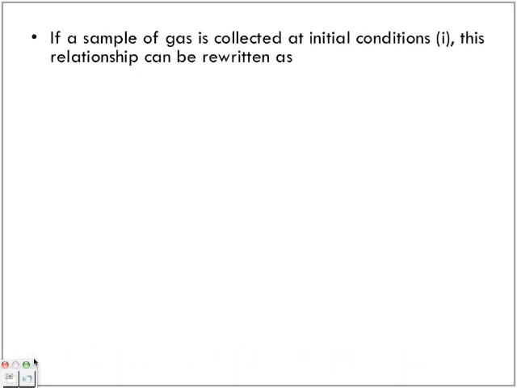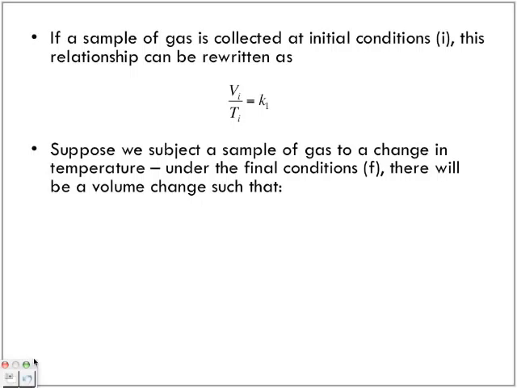If a sample of gas is collected at initial conditions I, we're going to use the letter I, this relationship can be rewritten as the following. Our constant is equal to our initial volume divided by our initial temperature. Now, suppose we subject a sample of gas to a change in temperature. Under the final conditions F, there will be a volume change.